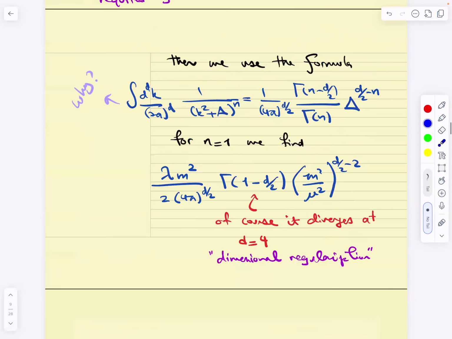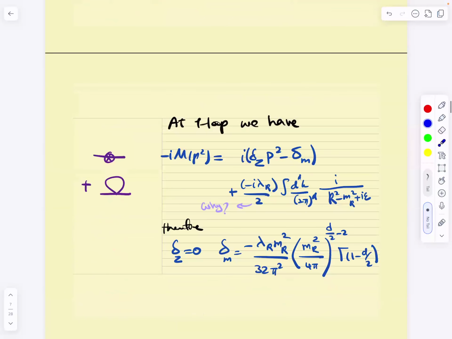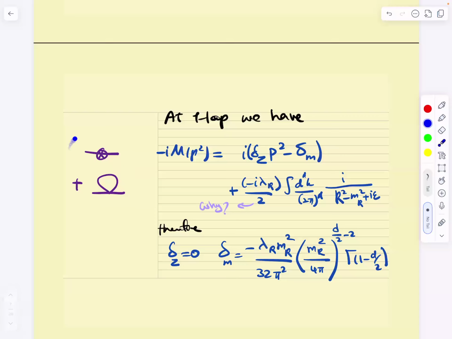Now, where does this delta m sit? Delta m is evaluating the value of this diagram. This diagram is added to lambda_r. So you better have the same dimensionality.